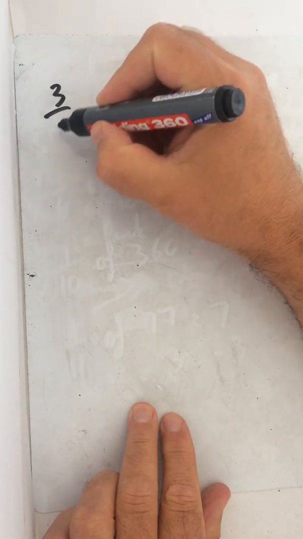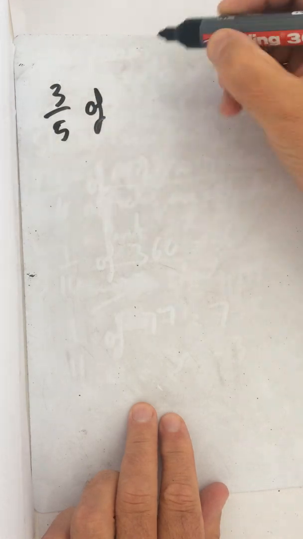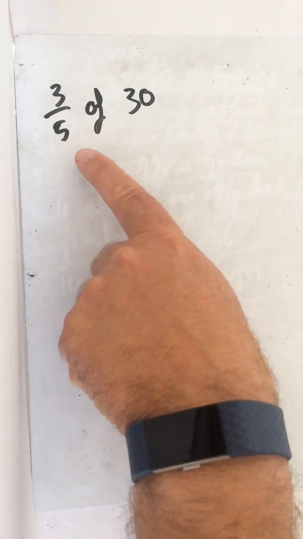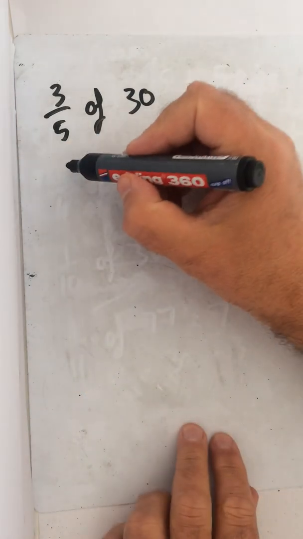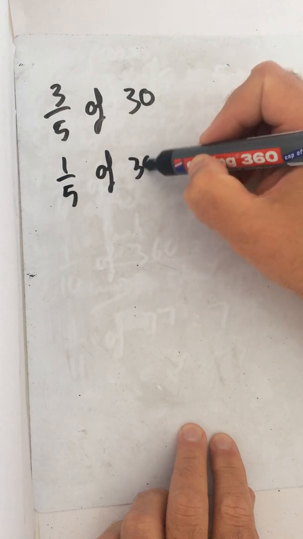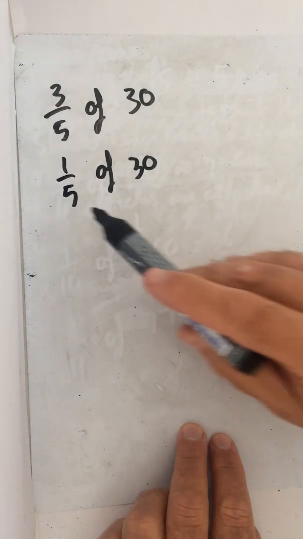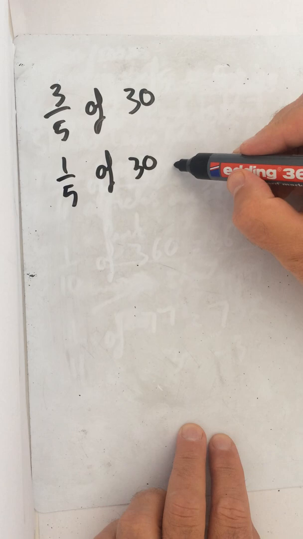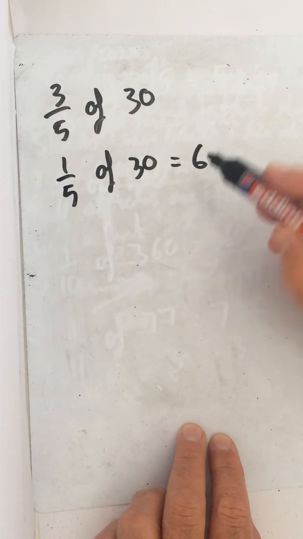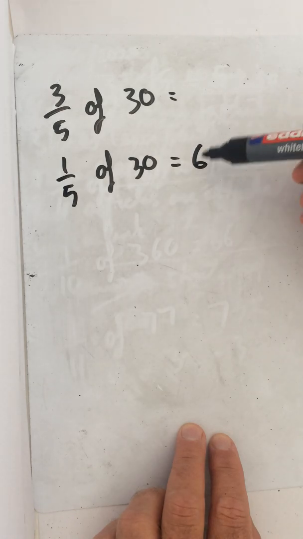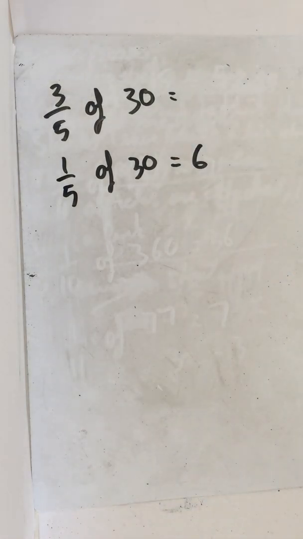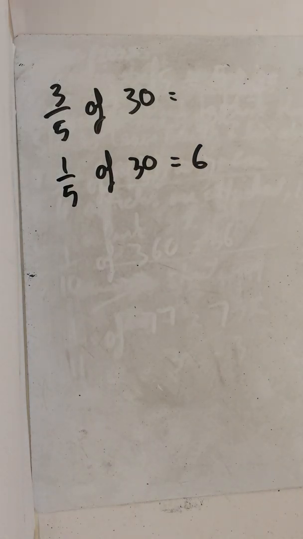Okay, they get a little bit trickier when, for example, you want to know 3/5 of 30. Now, if I want to find 3/5, first of all, I'm going to find 1/5. So 1/5 of 30, I know how to do, don't I? How many 5's in 30? 6. So 1/5 of 30 is 6. In order to find 3/5, I just times that by my numerator, the top number.